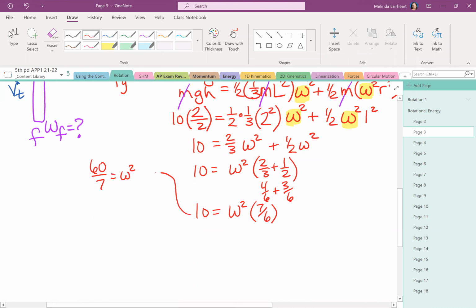And final step, square root. So what do we get? 60/7 is 2.96, so about 3.